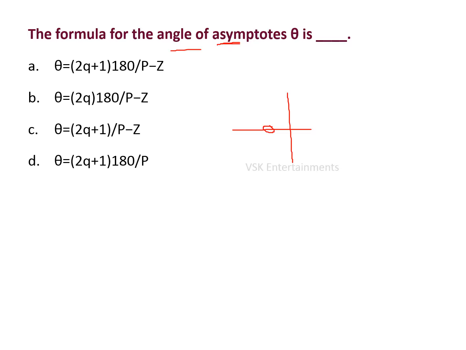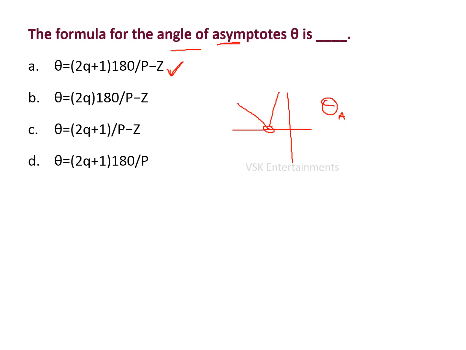These straight lines start from the real axis at a certain angle. That angle is known as the asymptotic angle. For finding asymptotic angles we have one formula: theta is equal to (2q plus 1) into 180 by (p minus z).